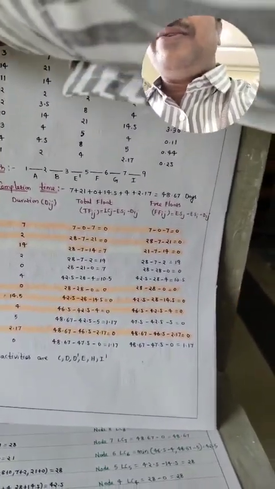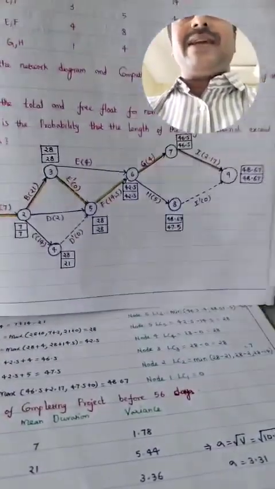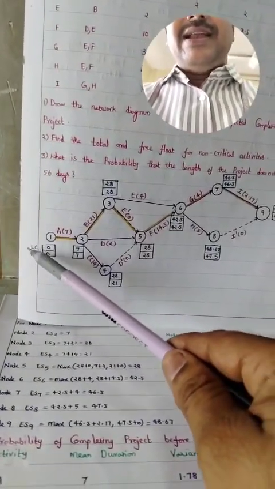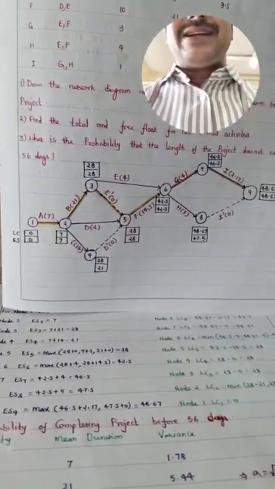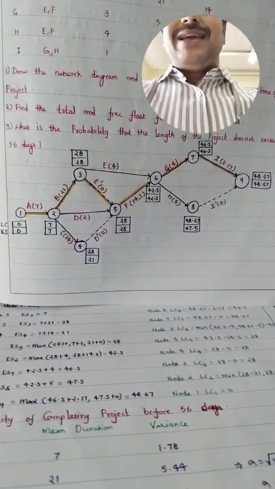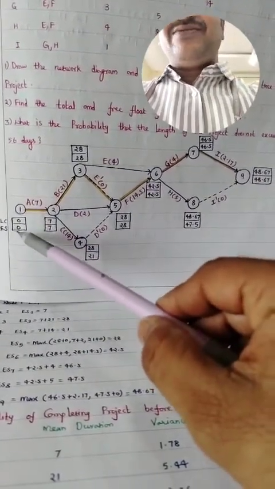To find the critical path, I will first consider the early start time, and for the first activity it is 0.